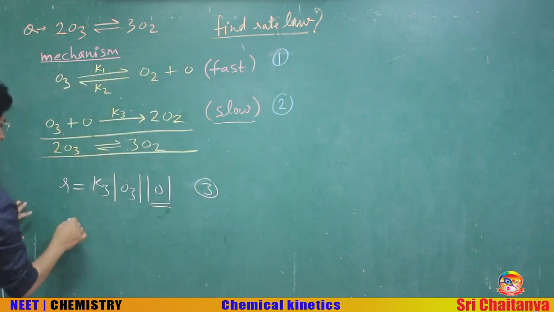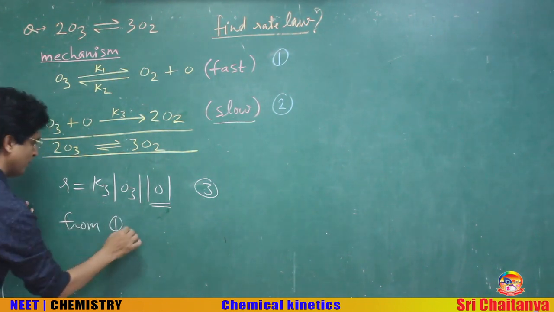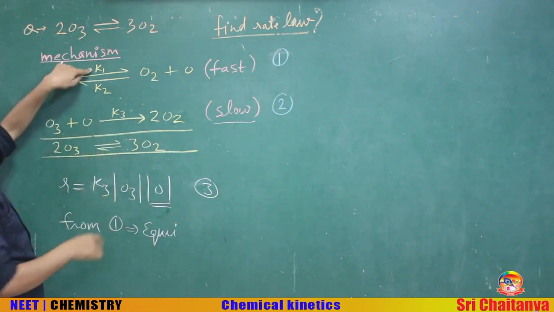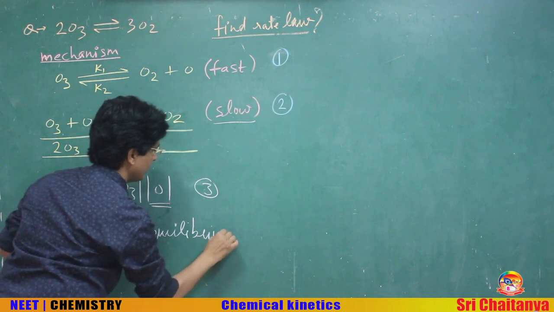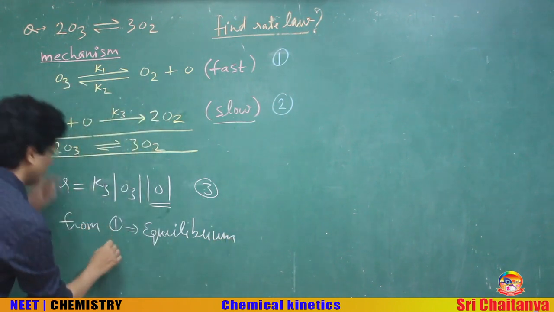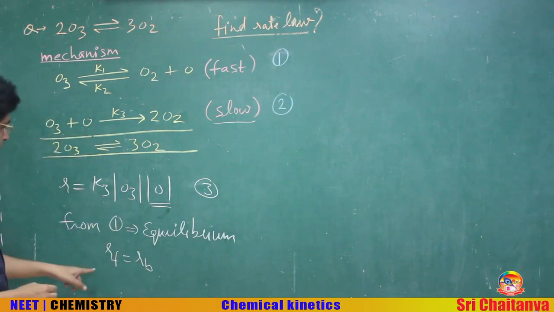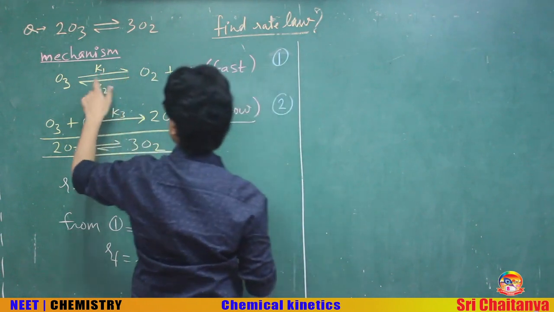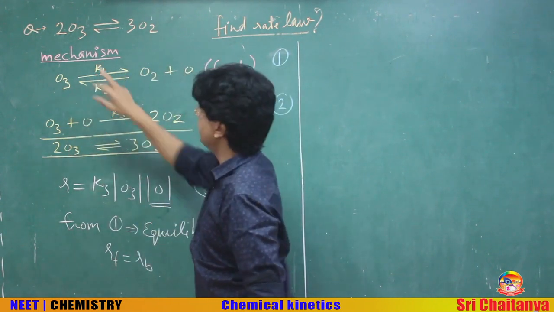Now from the first, you can see that this equation is in equilibrium. I can say that rate of forward reaction is equal to rate of backward reaction. So what is the rate of forward reaction? Let's come over here. Rate of forward reaction will depend on the concentration of ozone and K1.